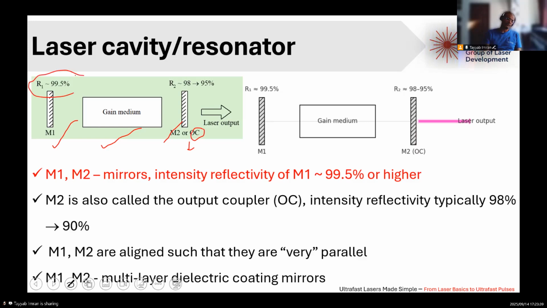This one is almost 100% reflective. This side has almost 100% reflectivity, and the output coupler may have from 95 to 98%. And the gain medium is here.